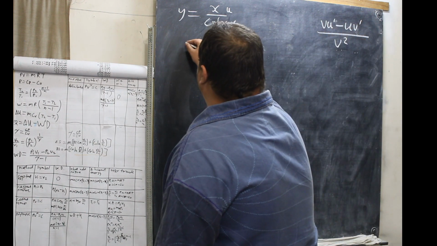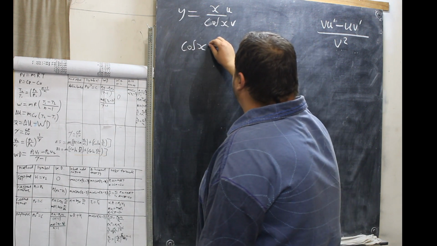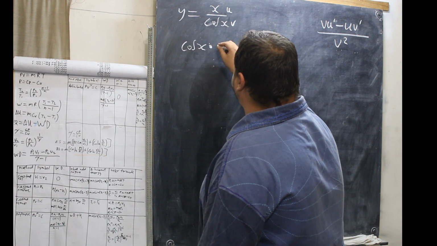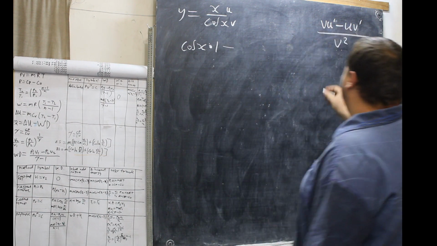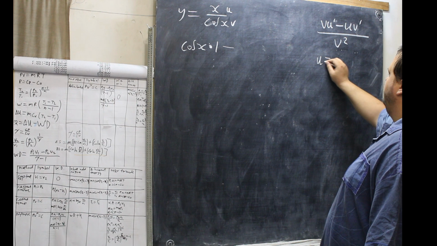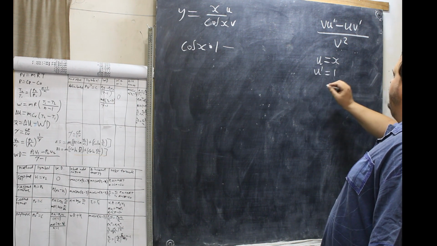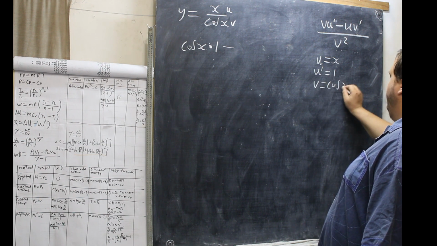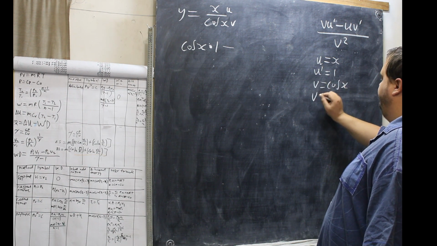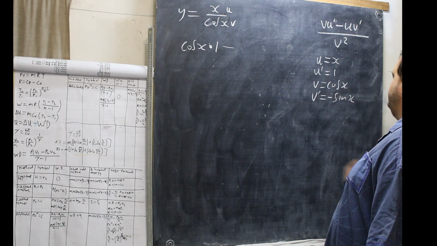So we have cos x times 1 minus, so let's do it, u equals x, u prime equals 1, v equals cos x, and v prime equals minus sine x.